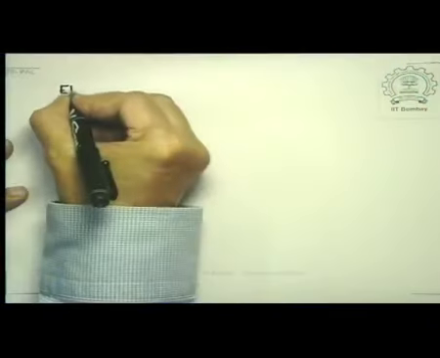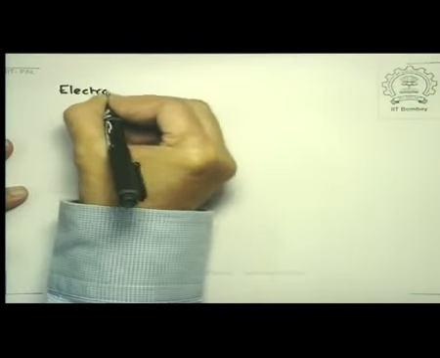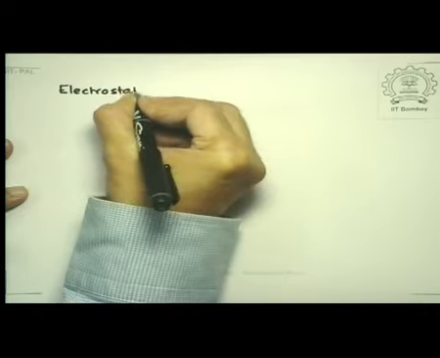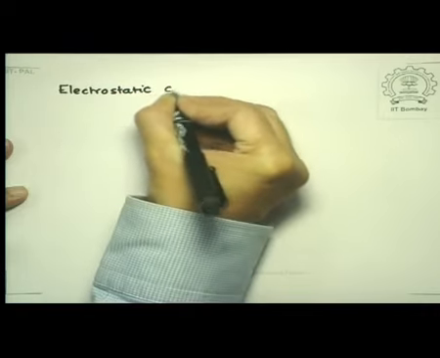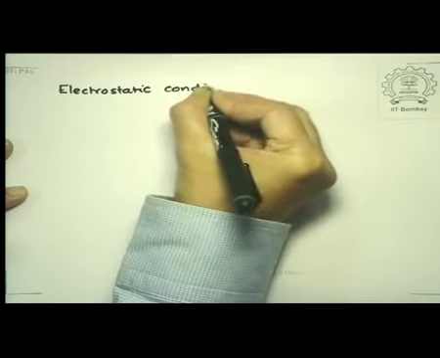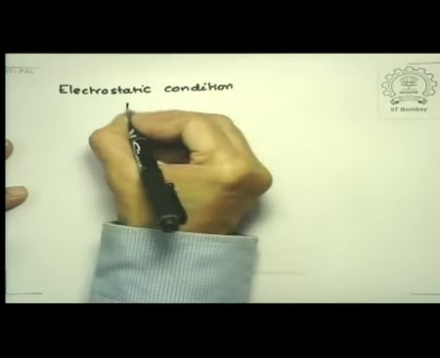So we have seen that under electrostatic condition, there is no field inside a conductor. Now what happens in such a situation? See, the electrons are still free, and so let's write it down. Static condition. So no field inside the material.